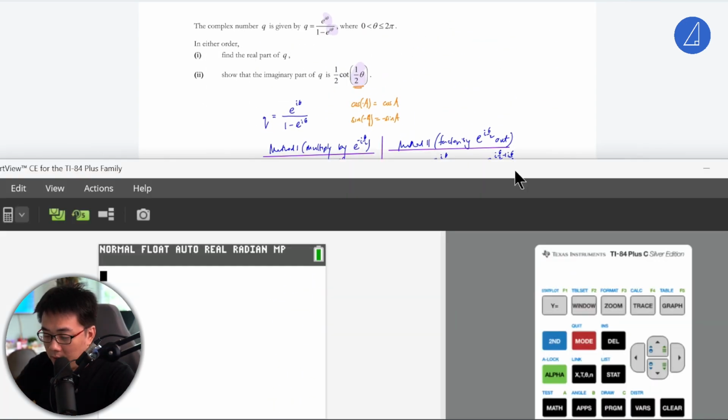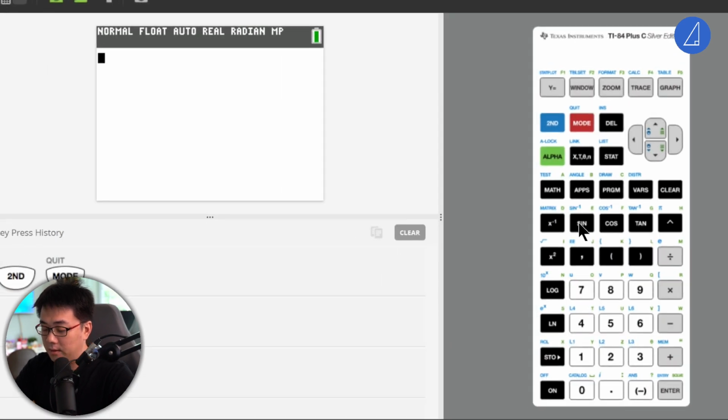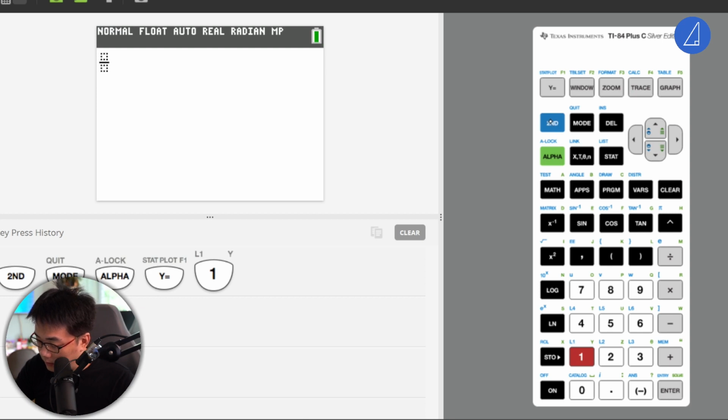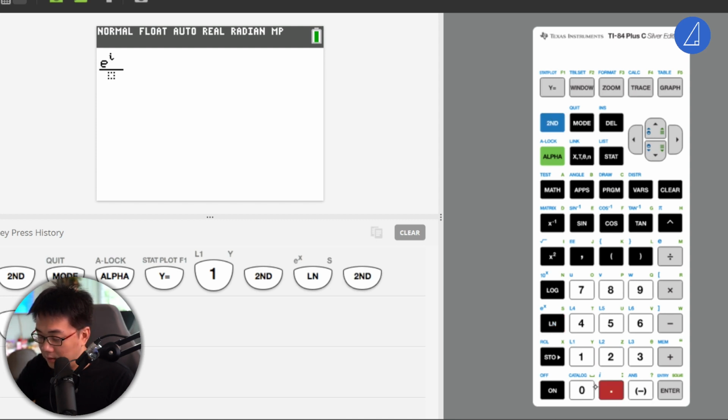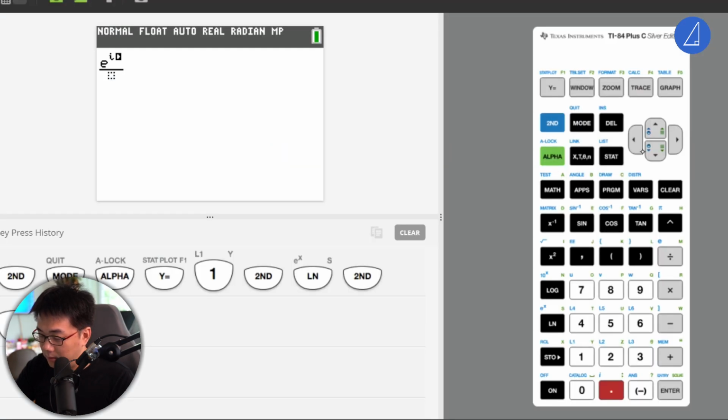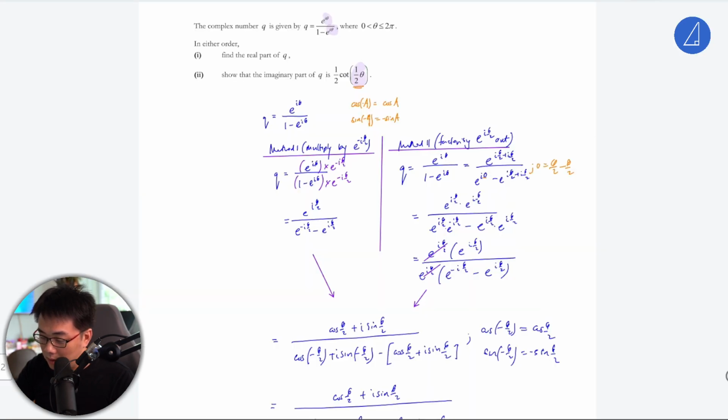Of course, don't forget you can also use a calculator to check your answer. For e to the i theta, we can just put any value. Let's say we put theta as 1.